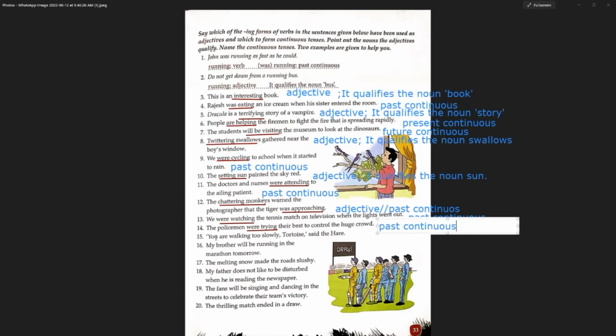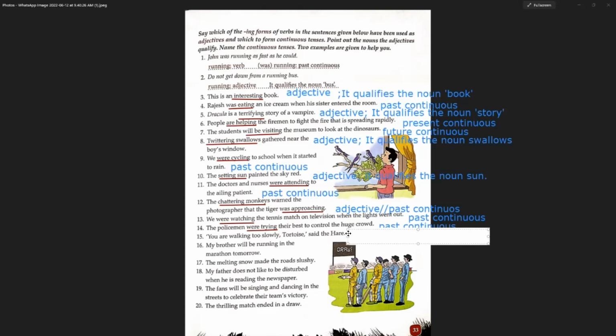Shamas, can you do number 15, please? You are walking too slowly, tortoise, said the hare. Right? So, hare said, right? You are walking too slowly, tortoise. Right? Okay.